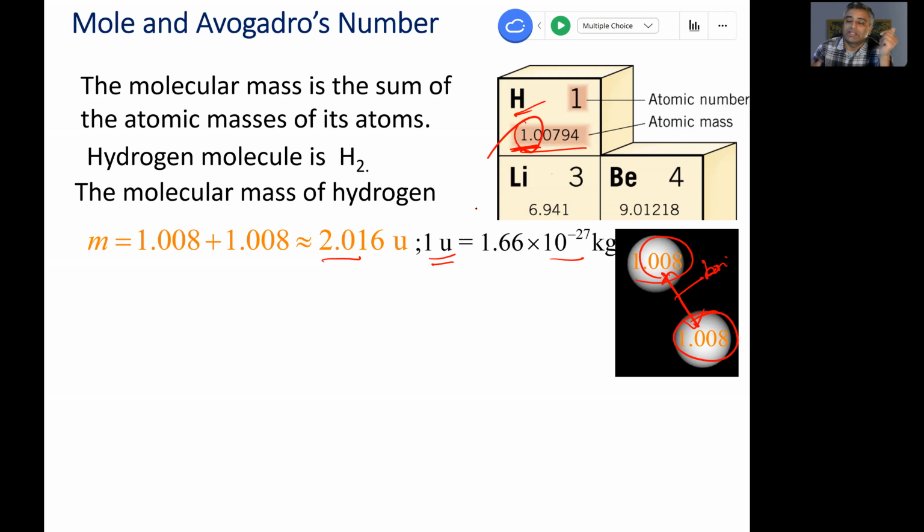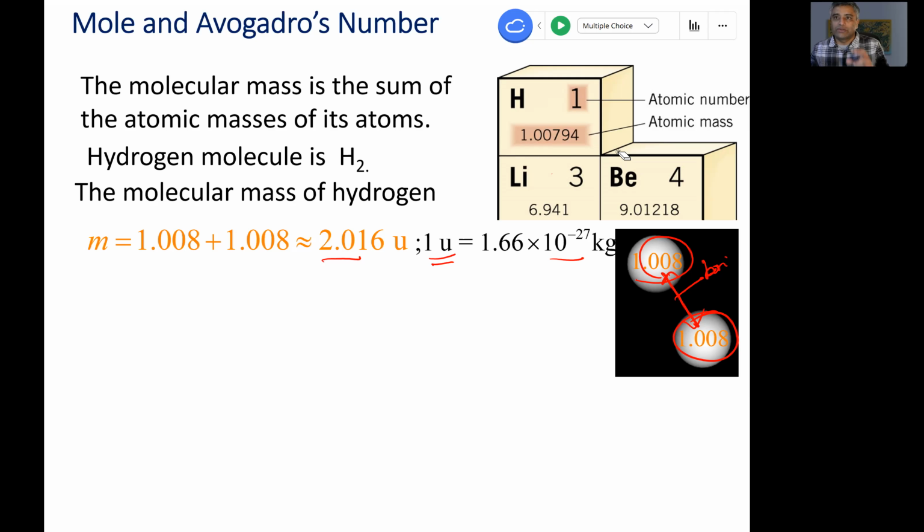If we had just protons, the atomic mass of hydrogen would be exactly 1. That's why there is this difference in number, so we take kind of an average.